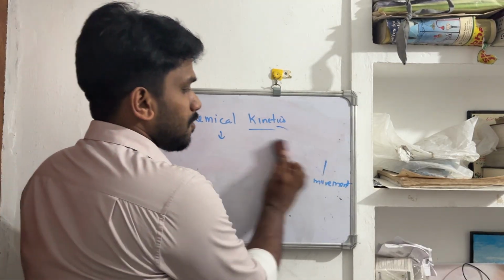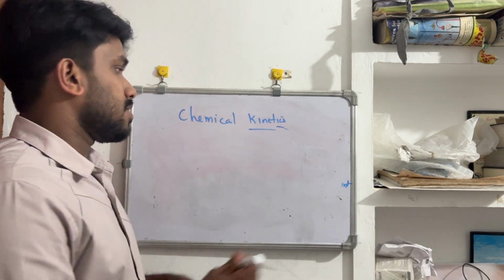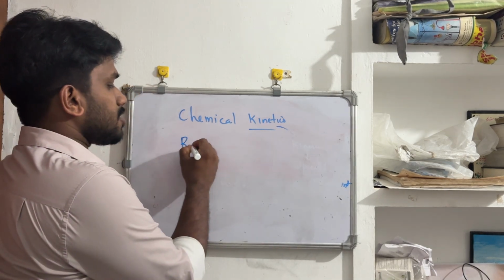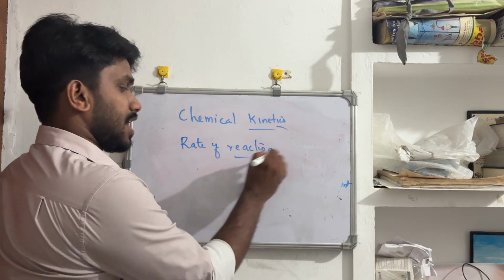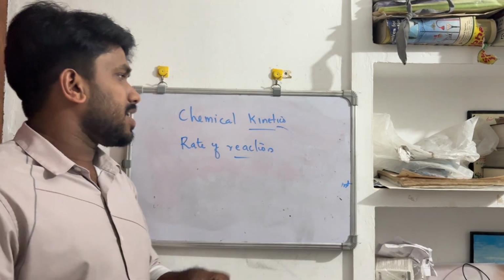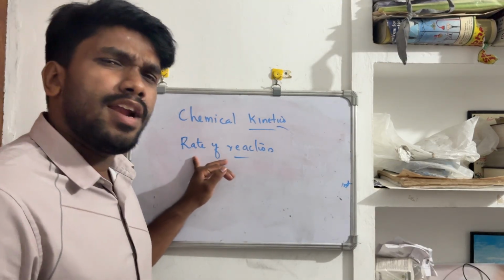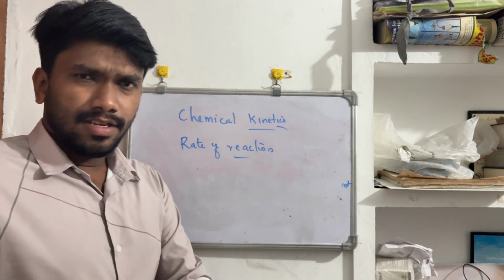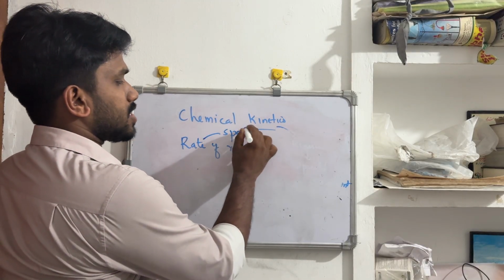For introducing this chapter, let me introduce one term, that is rate of a reaction. What is rate of a reaction? Rate is a term common in this chapter. Rate is nothing but the speed of a chemical reaction.